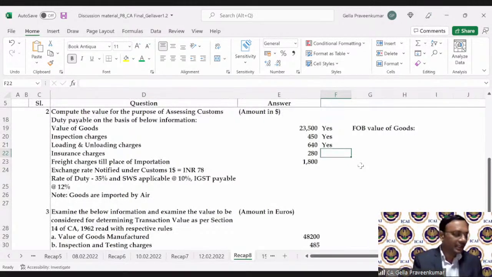Please remember, if you recollect your shortcut, there are a few abbreviations. I call them INCO terms. Come to page number 4.7, Institute Material. There is something called ex-factory, FAS, FOB. FAS is the cost at which export goods are delivered alongside the ship, ready for shipment.